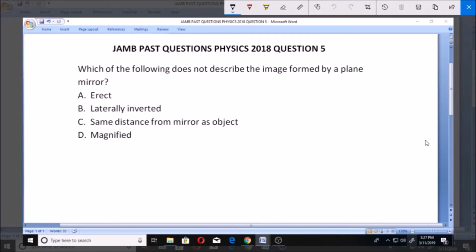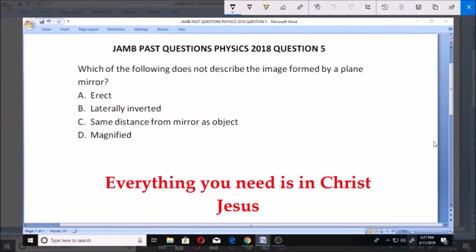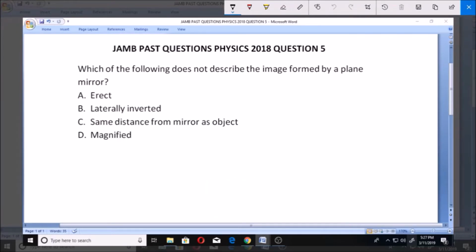Now, for us to appreciate this question very well, we need to look at the properties of image formed in a plane mirror. So we need to know this. If we know these properties, then it will be easier for us to be able to identify the answer.